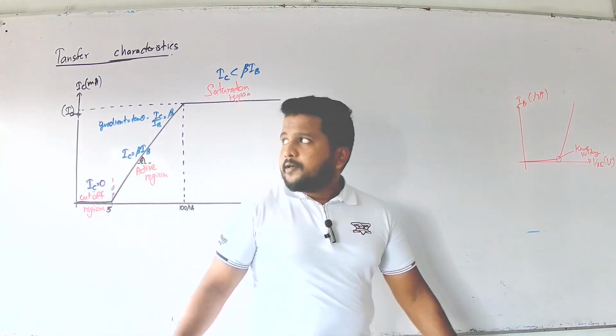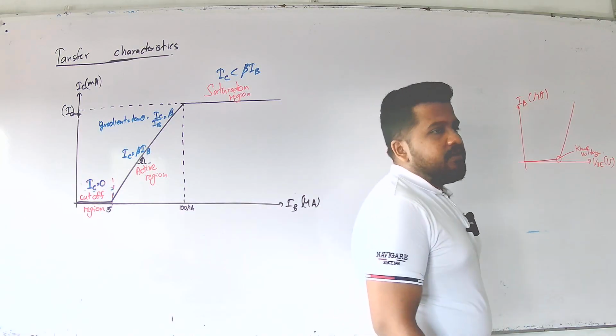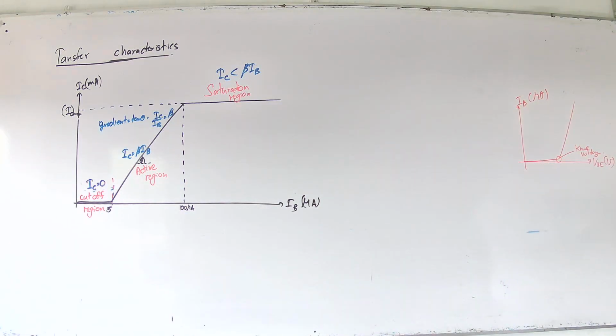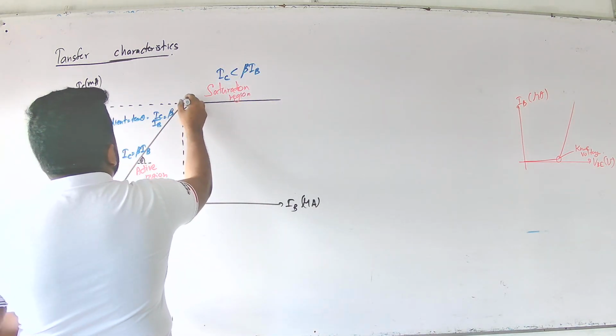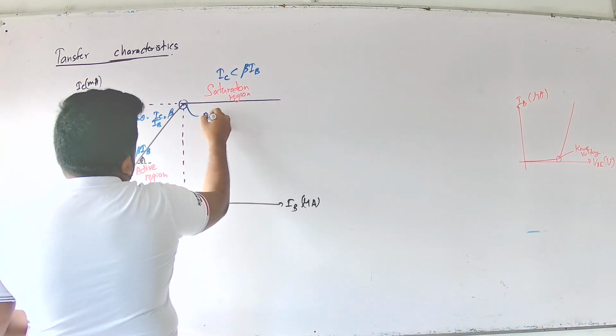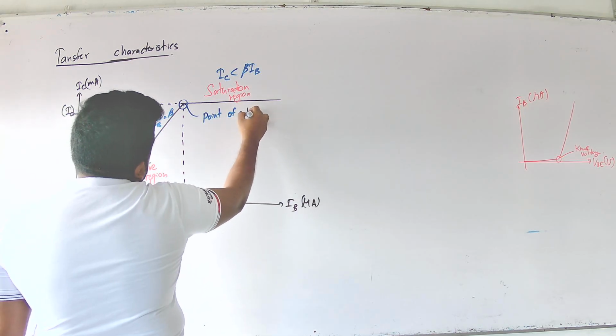When IB is increased beyond the point of saturation, this one, right? Point of saturation.